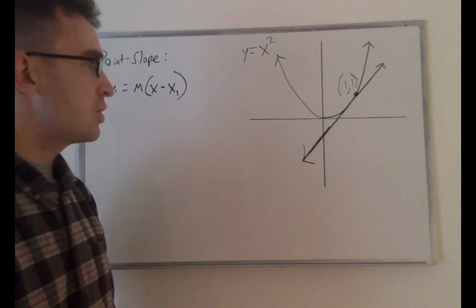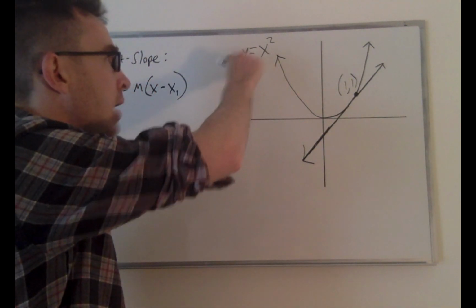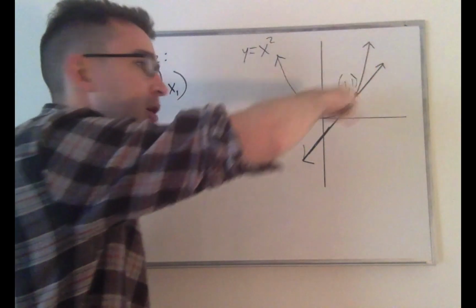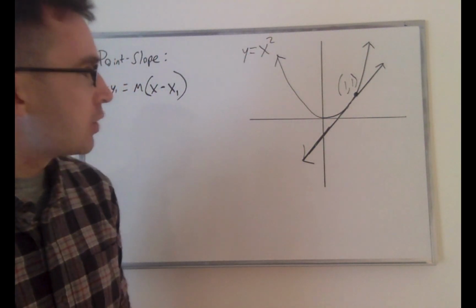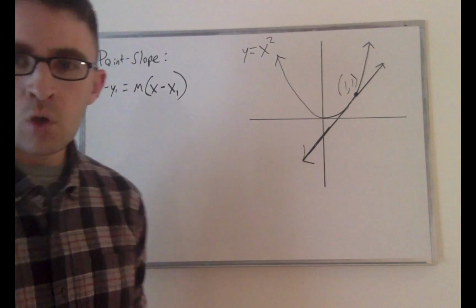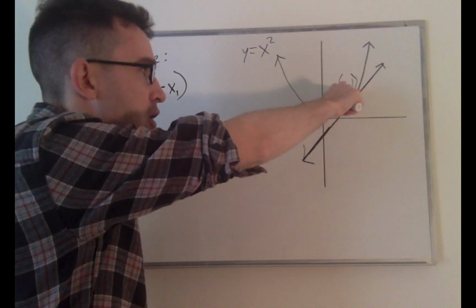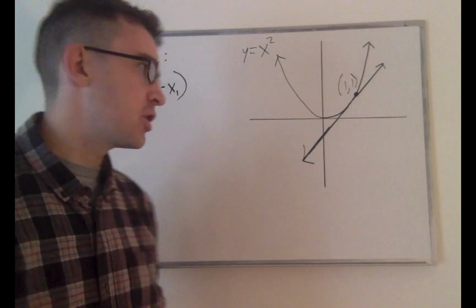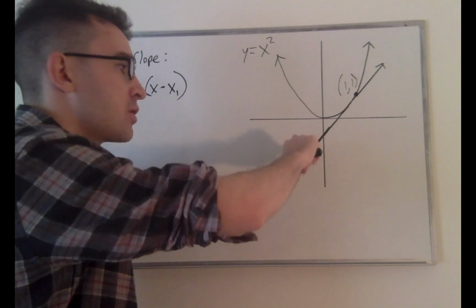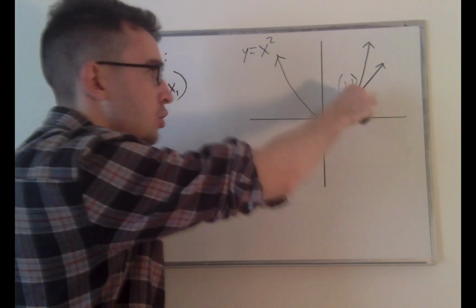So let's say we have the simplest ever parabola. It's y equals x squared, just a totally basic parabola curve. And let's say we want to find the tangent line that touches the point (1, 1). If you remember, the tangent line is the line that touches the curve at this point, but doesn't cross it.